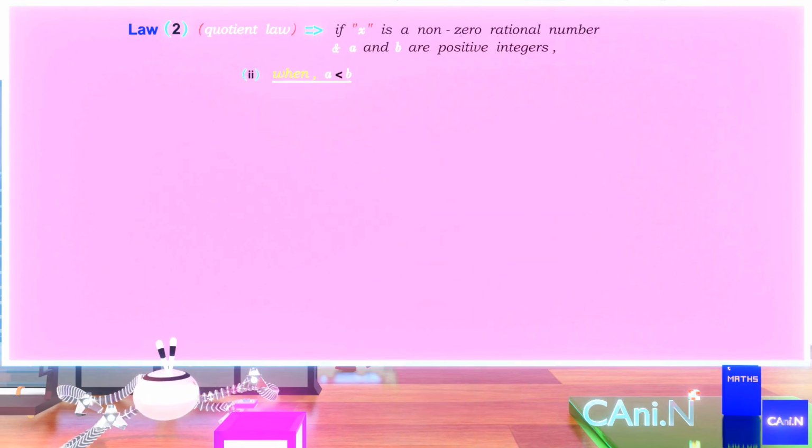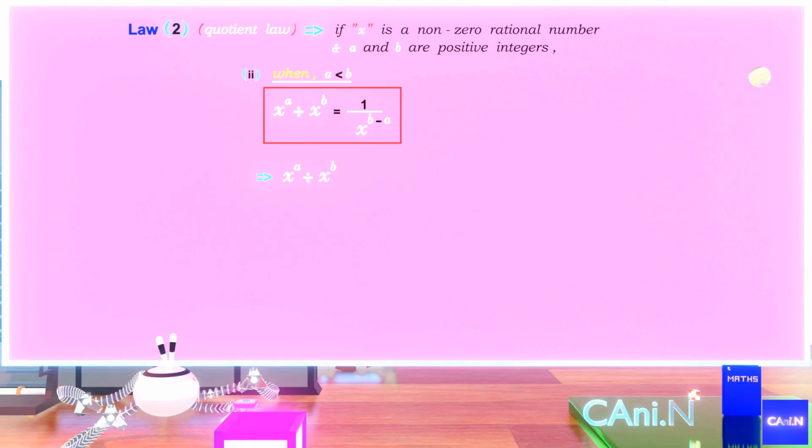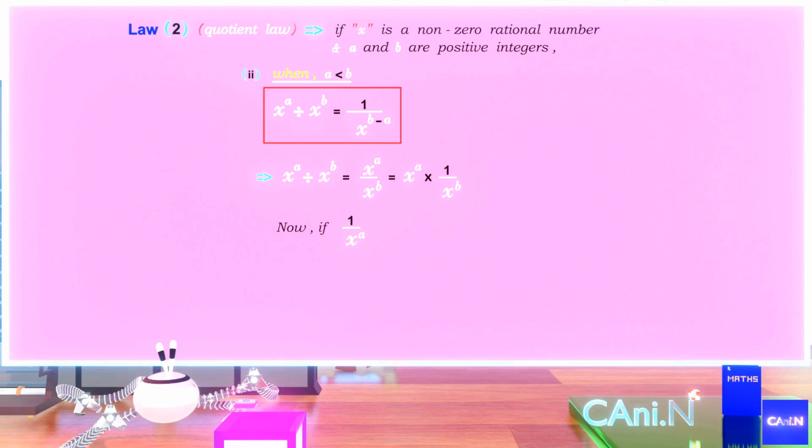Case 2, when a is lesser than b. X raised to the power a divided by x raised to the power b equals 1 by x raised to the power b minus a. So consider x raised to the power a divided by x raised to the power b equals x raised to the power a into 1 by x raised to the power b. Now, if 1 by x raised to the power a equals x raised to the power minus a, then 1 by x raised to the power minus a equals x raised to the power a.